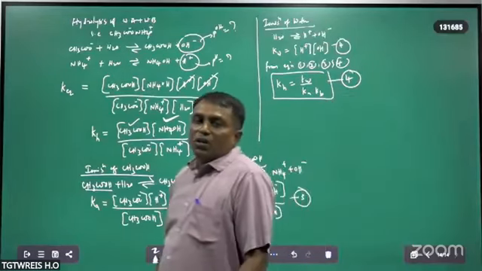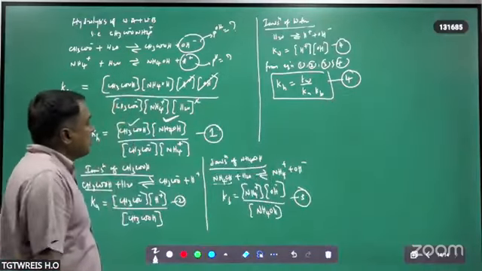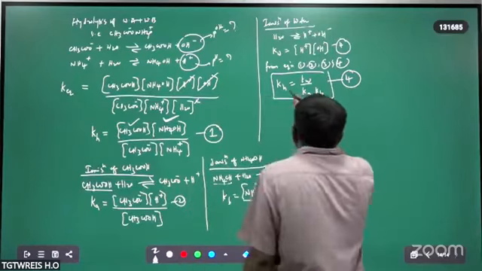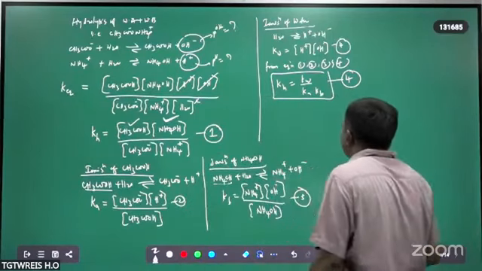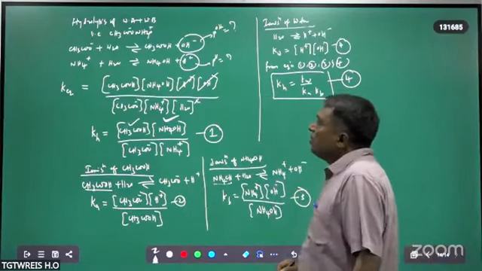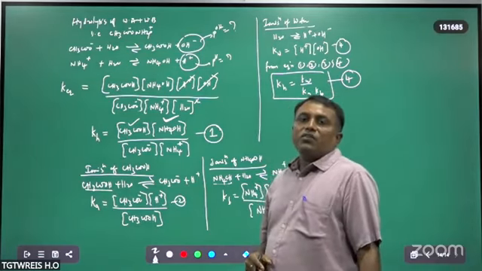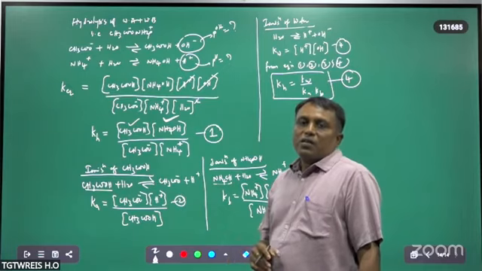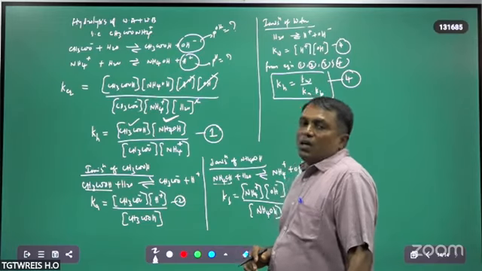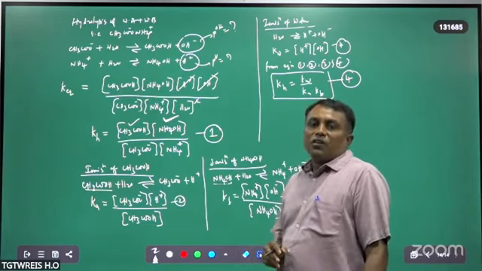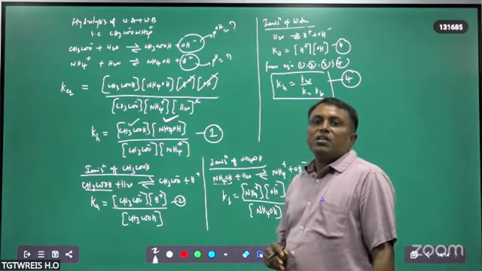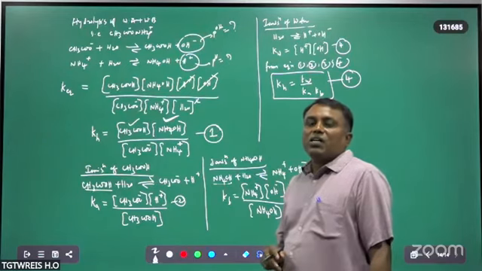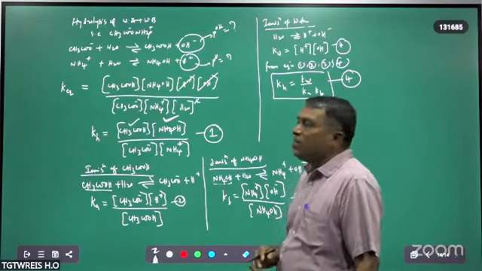Now the important equation, how can we calculate the KH? So in the salt hydrolysis of weak acid and strong base, and weak base and strong acid, alpha, that is the degree of dissociation, is directly proportional to the concentration of the solution.